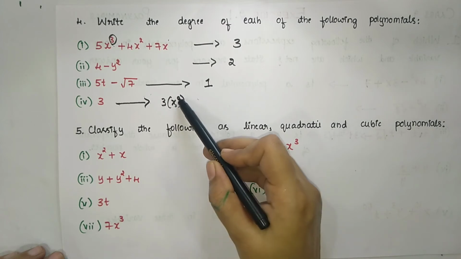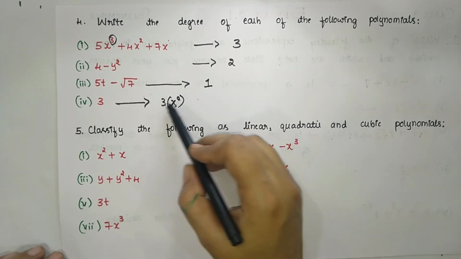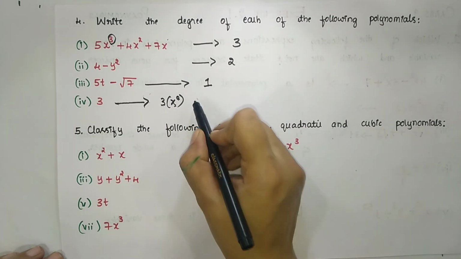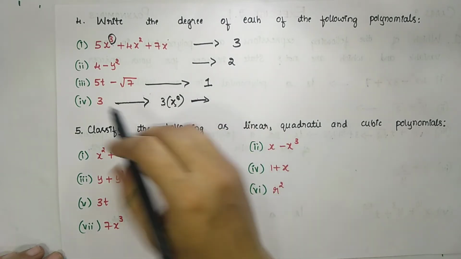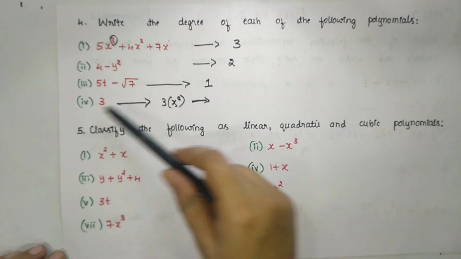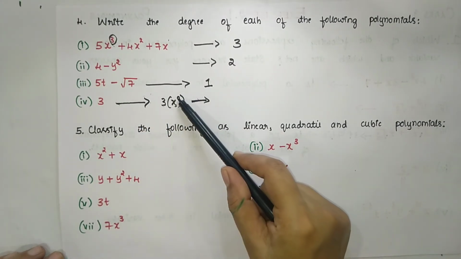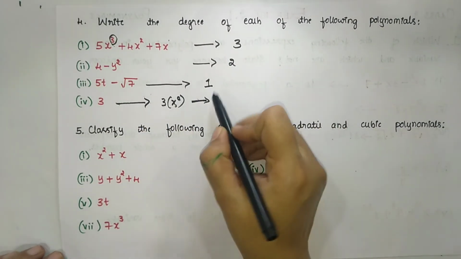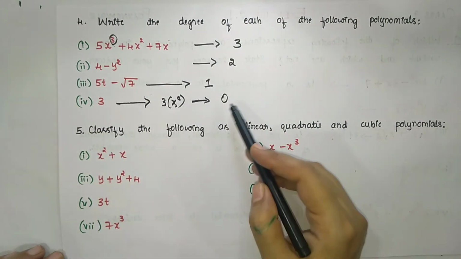We know that anything to the power 0 is 1, so 3 into 1 is 3 itself. So whenever you have a constant number, it is called a constant polynomial, and the degree of a constant polynomial is always 0. So the degree of 3 is 0.